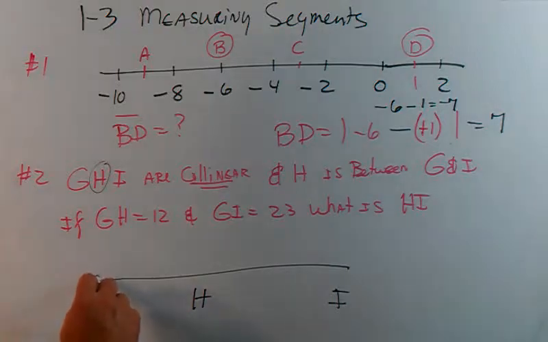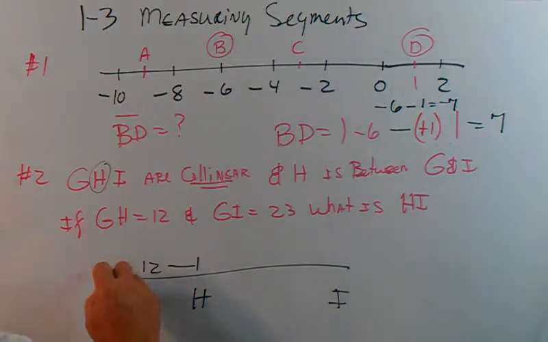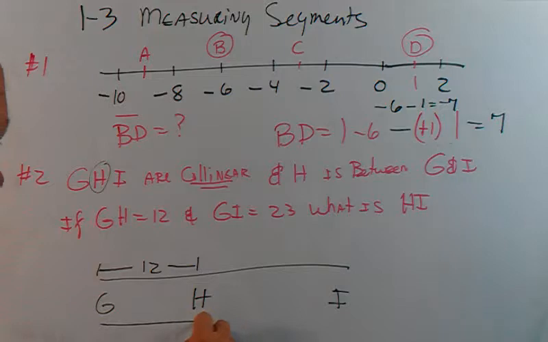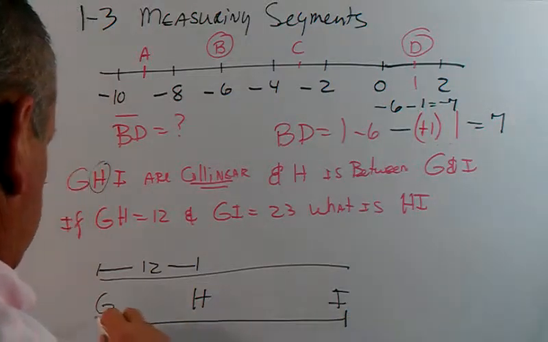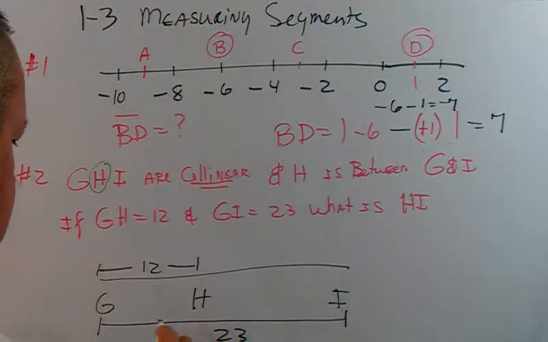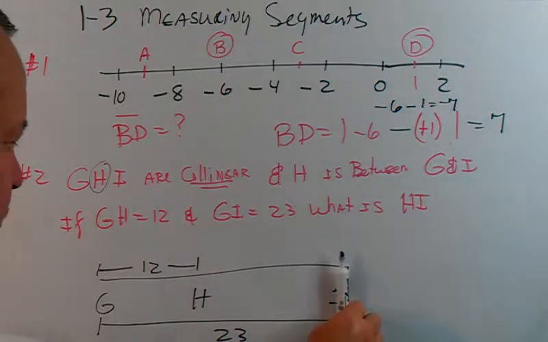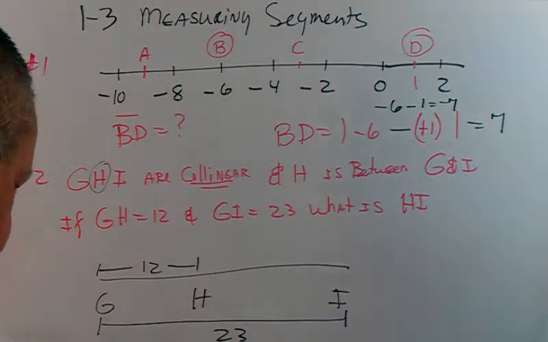It says that GH is 12, so from here to here is 12, and GI, the total distance, is 23. So it looks to me like we just need to subtract this from 23, and it's going to give us this length right here, right?